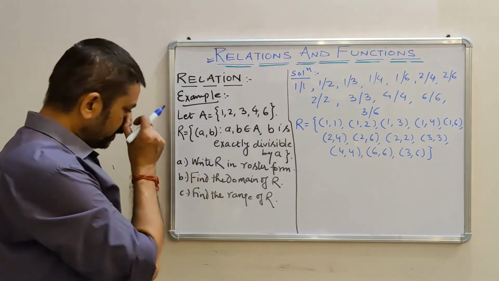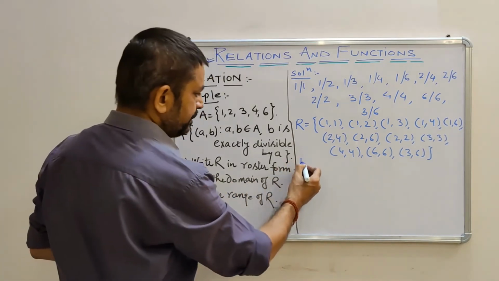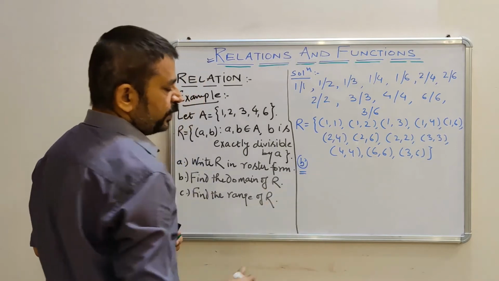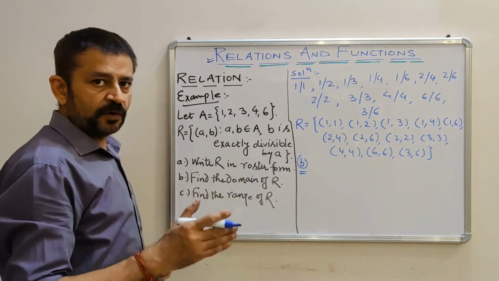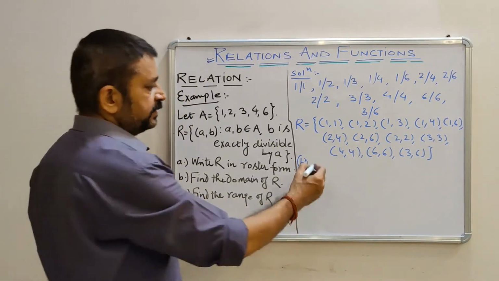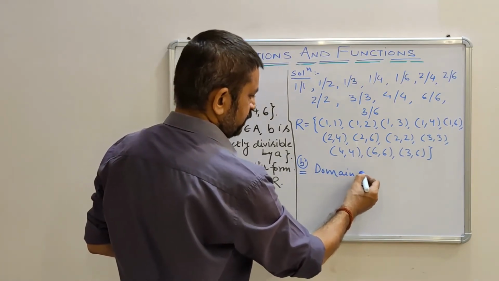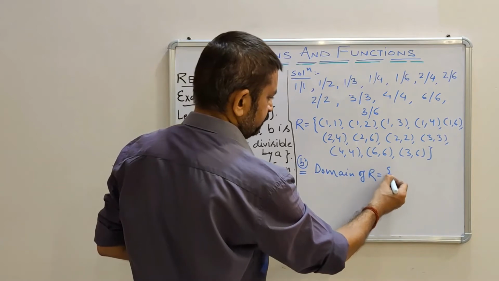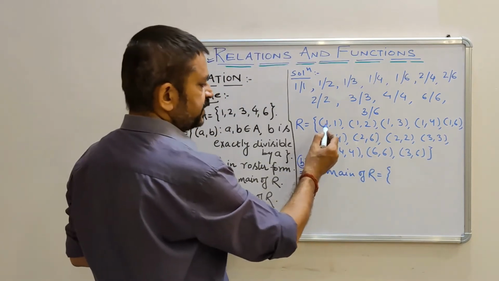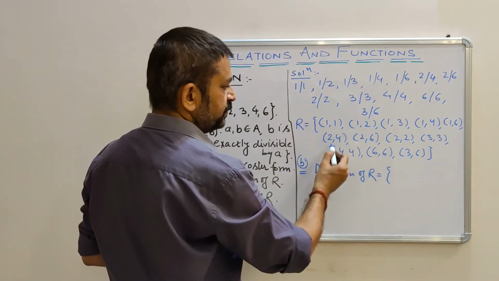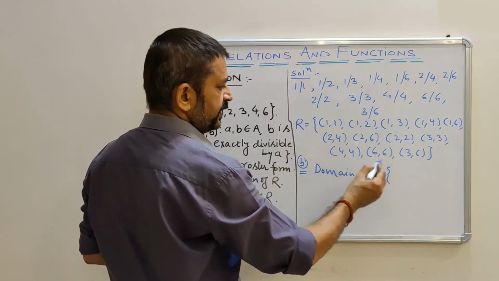Now look at the b part. Find the domain of R. What is domain? Domain is the set of all first elements in R. So look at the first element. So 1 is there, then 2, 3, 4 and 6.